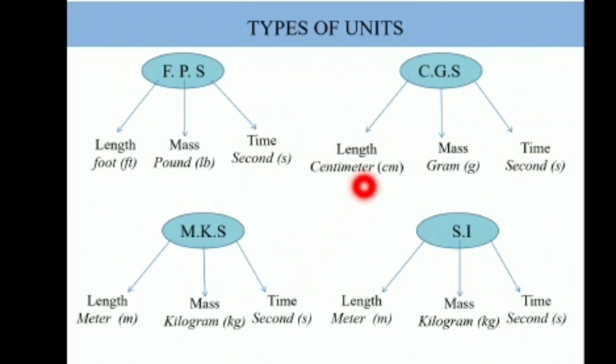But length is measured in different units, and mass is also measured in different units. So be very careful and remember, time is the only fundamental physical quantity which has the same unit in all the unit systems, right?